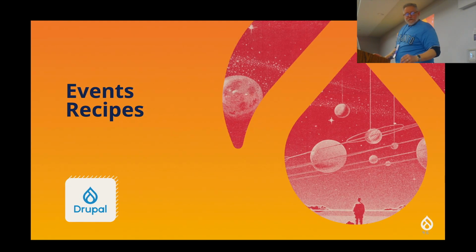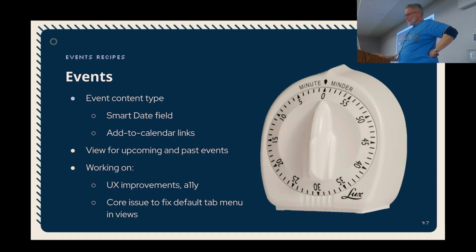So let's use some of our time remaining to talk about the events specific recipes that we saw earlier. The events recipe that we applied will create that event content type, add a smart date field, and the add to calendar links. It does create a view with displays for upcoming and past events.